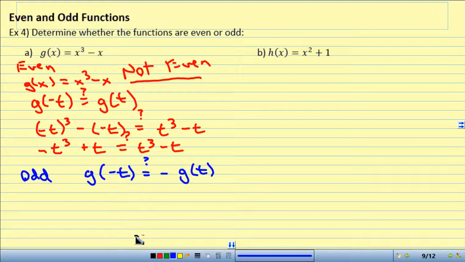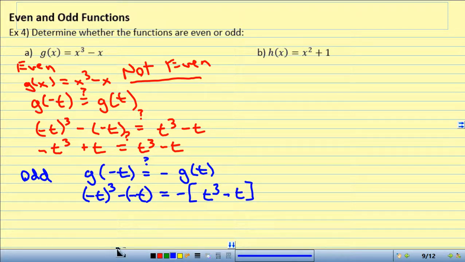G of -t, I'm going to plug it in again. So I've got (-t) quantity cubed minus a -t. Is that equal to negative whatever g of t is? So I'm going to have negative t cubed minus t.